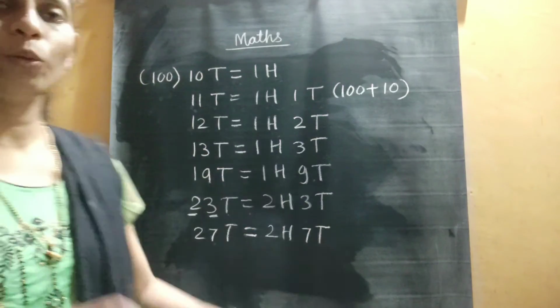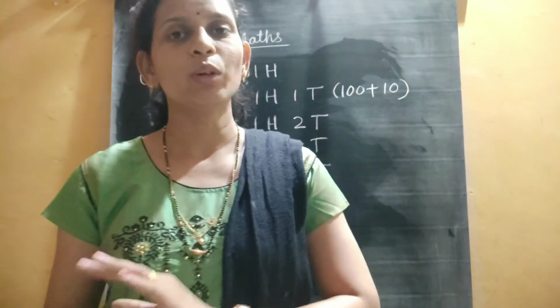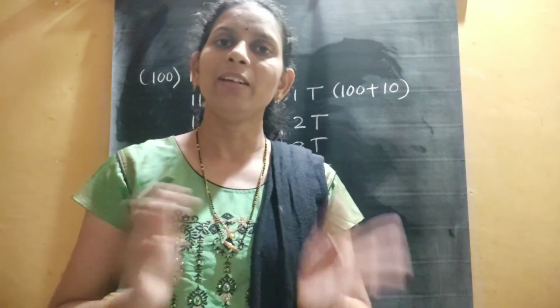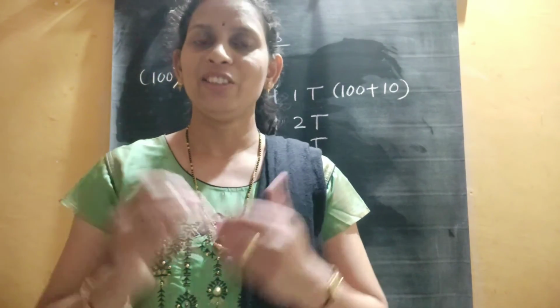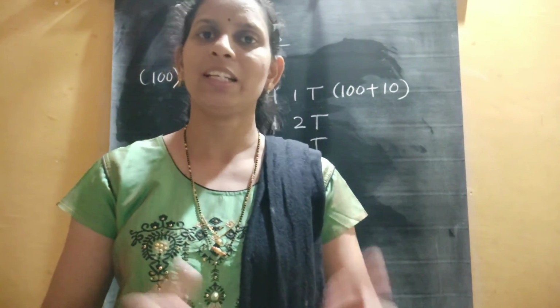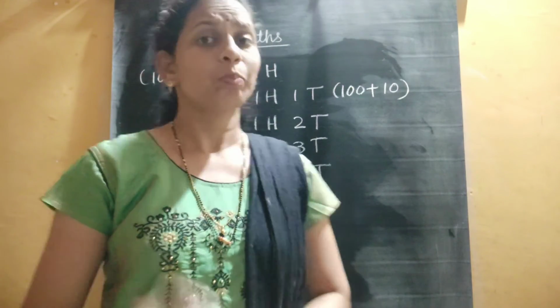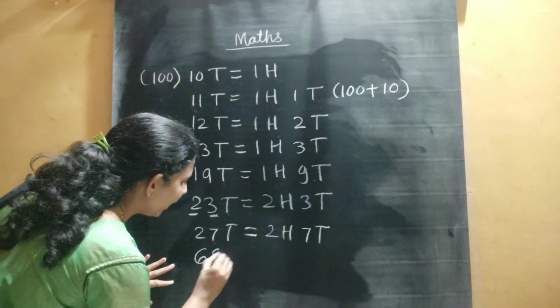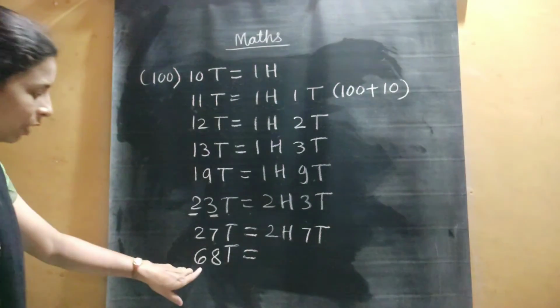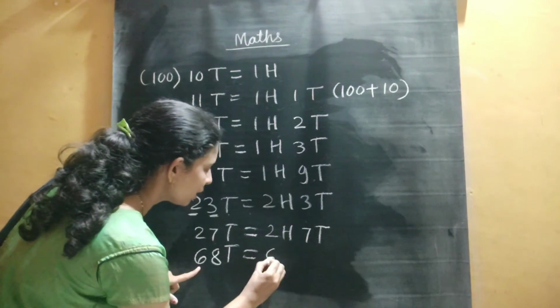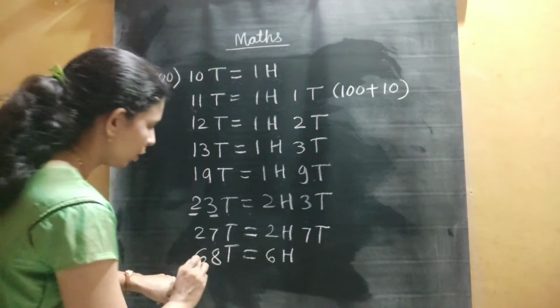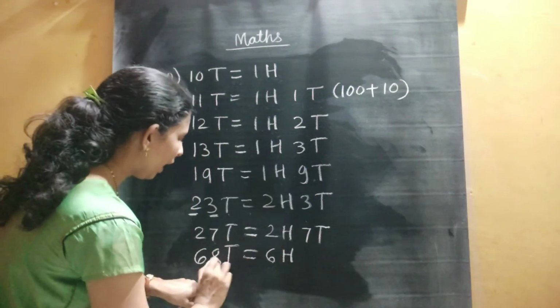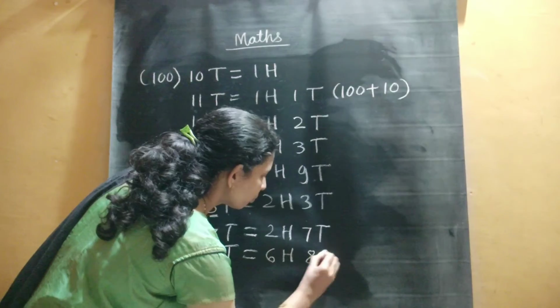Today you will write any 2-digit number from 10 to 99 and just write down how many hundreds and how many tens. Suppose 68 tens is there. Just take the first digit 6, then write down 6 hundreds, which means 600, and 8 tens.